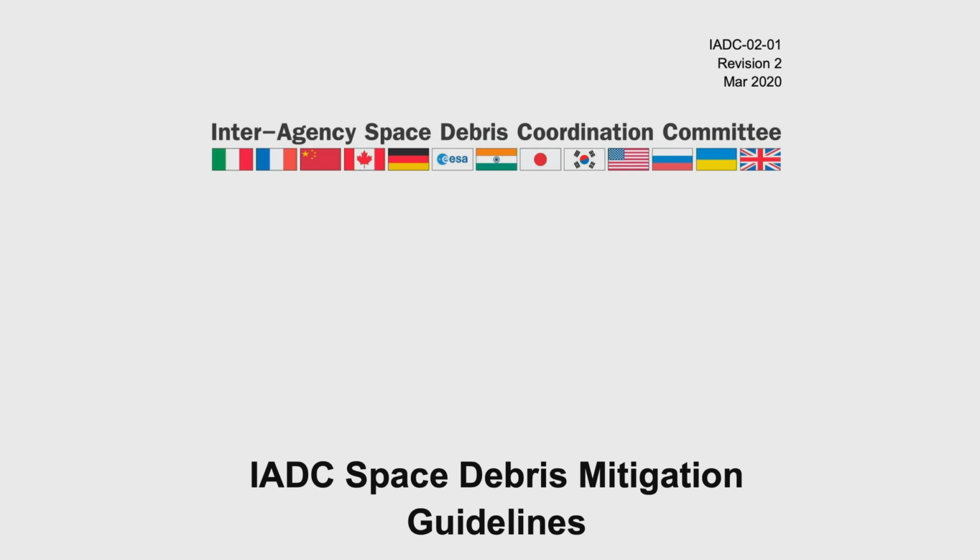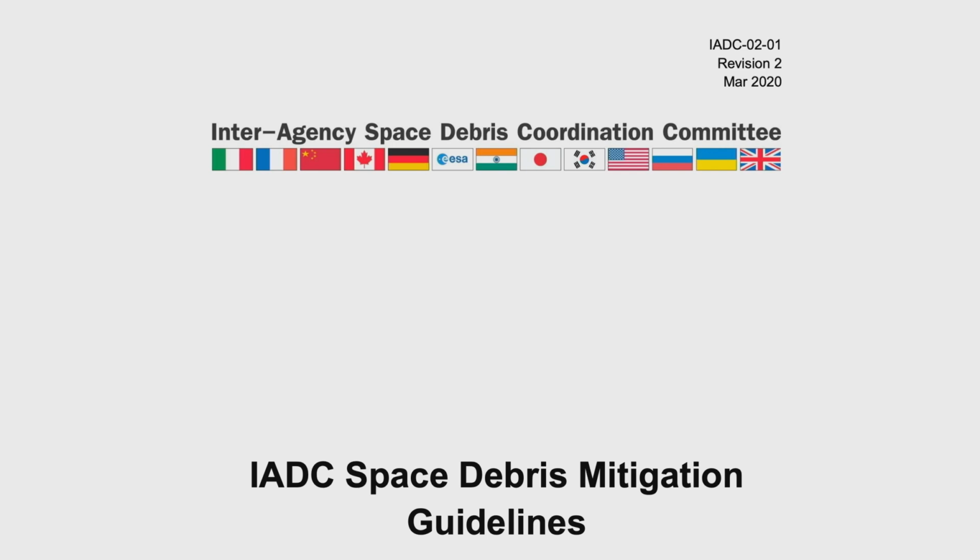Now, in this respect, we can first refer to the European Union's support for the IADC guidelines on space debris mitigation. These guidelines were proposed by the European Space Agency as well as other national space agencies in the Interagency Space Debris Coordination Committee, or IADC, and they were later endorsed by the UN General Assembly.